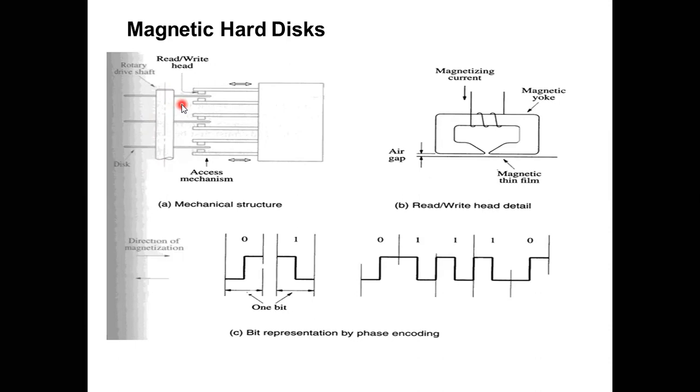You can say an array of disks; disk 1, 2, 3, 4 up to disk n can be included with this shaft. These disks have two types of surface, the above surface and the below surface. For all the disks, we have two surfaces for a particular disk.